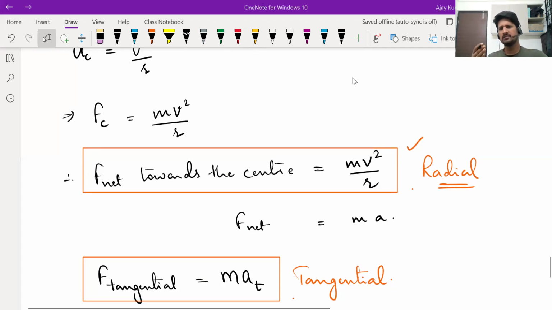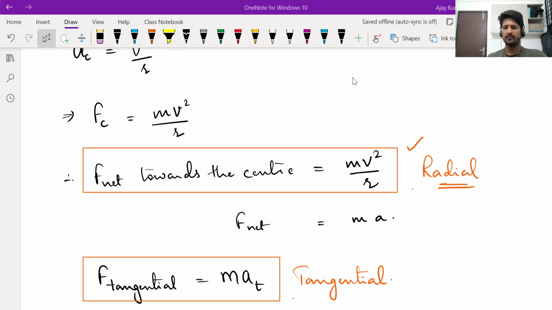Okay, consider this case of a vehicle taking a turn on a road. Assume there is a large playground and a person is moving in a vehicle along a twisted path, turning right, turning left. So if an object is taking a turn, there must be a centripetal force involved. There must be some force acting in the radial direction. We call that centripetal force.